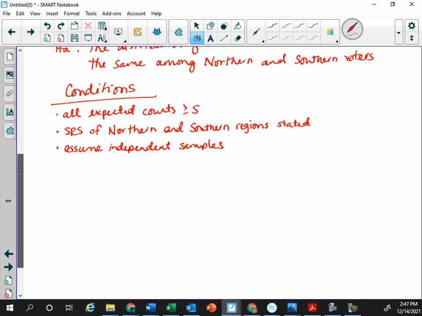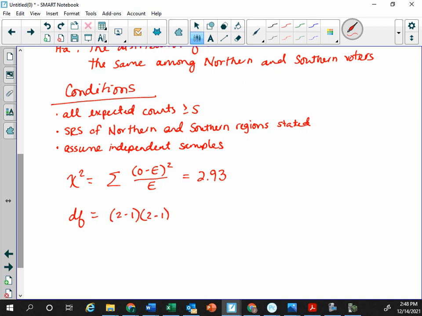You're going to write down the chi-squared formula and give me that value, which I think was 2.9-ish, 2.93 maybe. What were my degrees of freedom? 1, right? Row minus 1, so 2 minus 1 times column minus 1 is 1. And draw the weird picture.